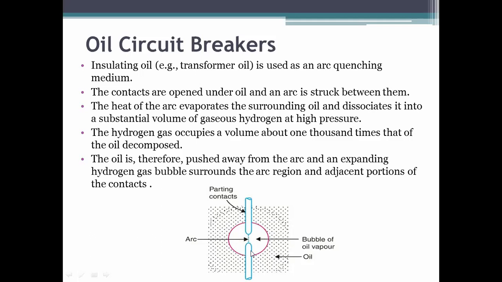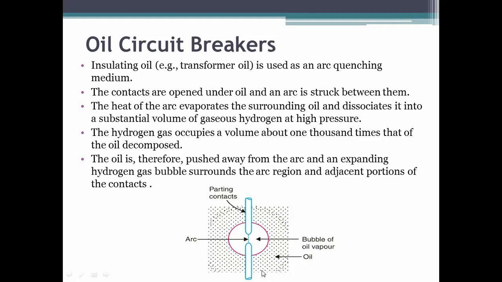So that arc is producing very high heat, and we are using this oil as an arc extinguishing material. But when the arc produces the heat, that oil gets evaporated. It will produce hydrogen gas, a high pressure gas.